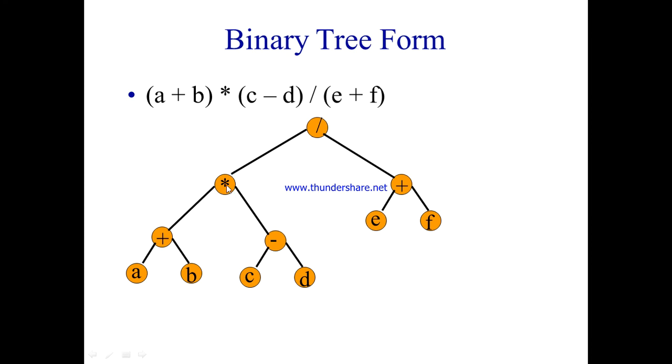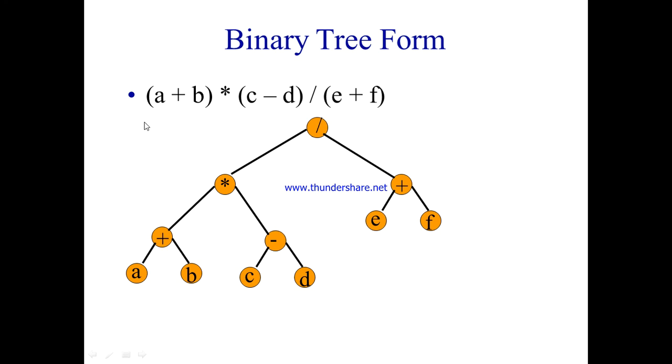Multiplication operation, so here we perform multiplication. Then this result we are going to divide with E plus F, so E plus F should be at the right side with a plus operation, and this will be divided.